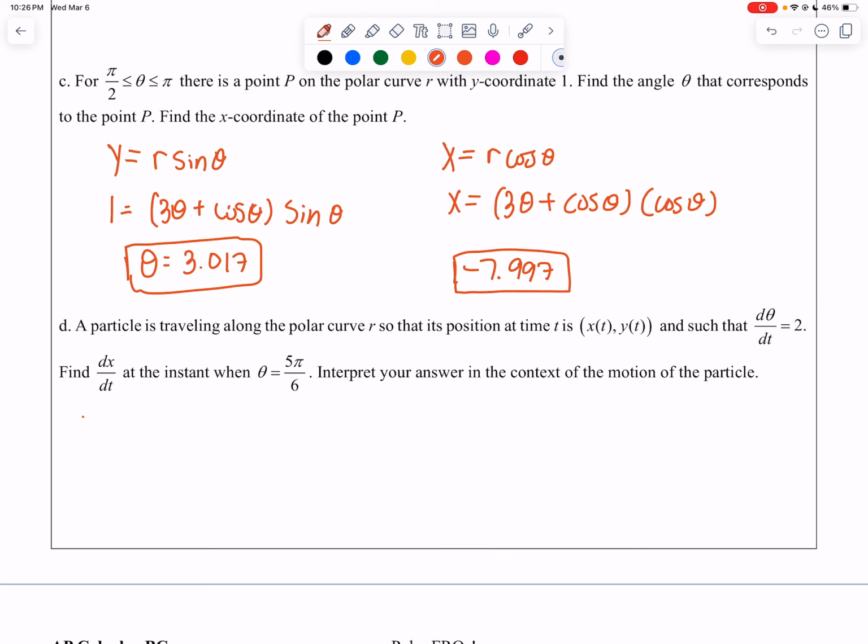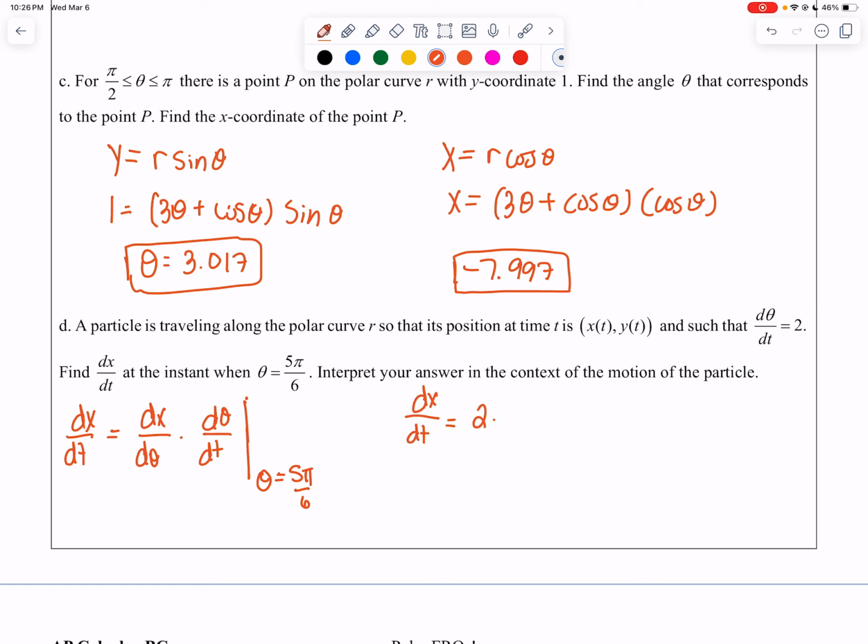Okay, so we want to figure out what dx dt is whenever we have theta equal to 5 pi over 6. Well, dx dt is going to be equal to dx d theta times d theta dt. And of course, we want all of this to be whenever theta is 5 pi over 6. All right, so what we have right here is d theta dt being 2, so I could cross that out and just say that it's 2.